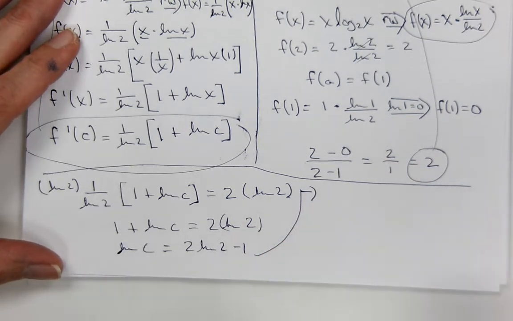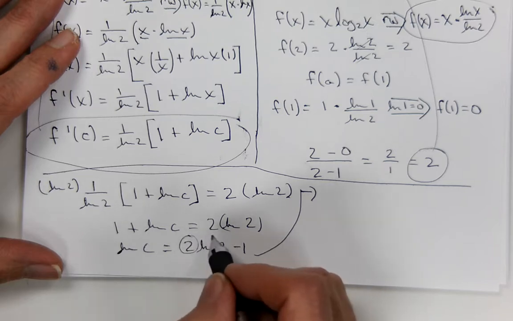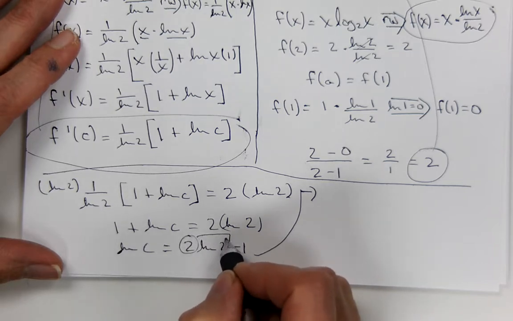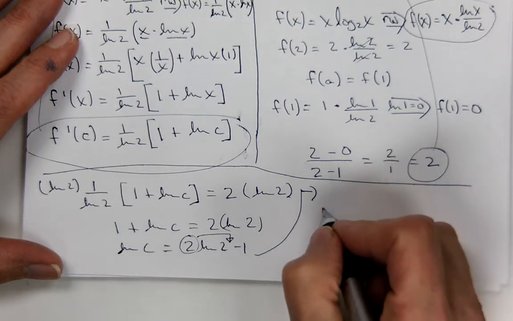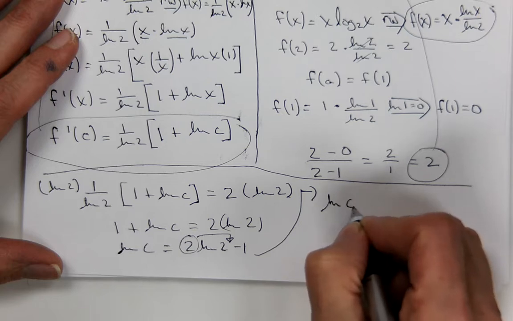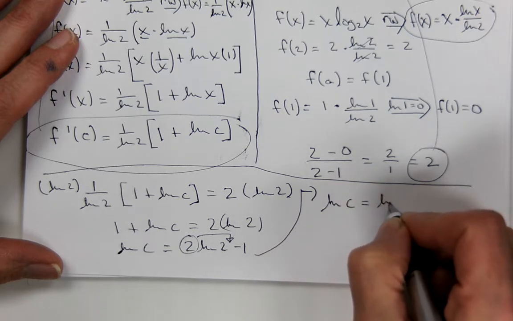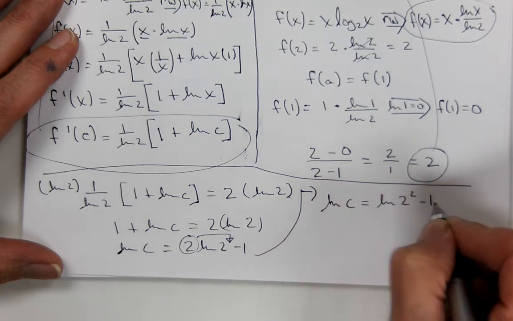And before we move over, this 2 natural log 2, we can make it into an exponent when you have logarithms. Remember, exponents can come forward as factors, and you can put them back again too, so they can go back as exponents. So that will give us natural log c equals natural log of 2 squared minus 1.